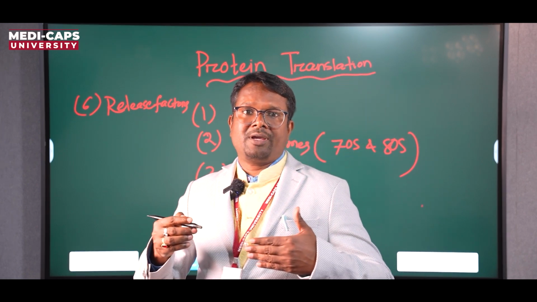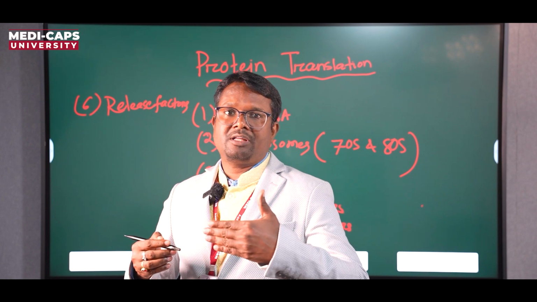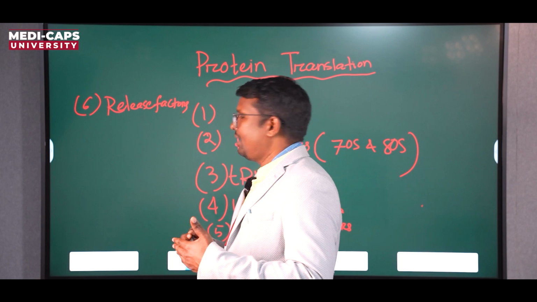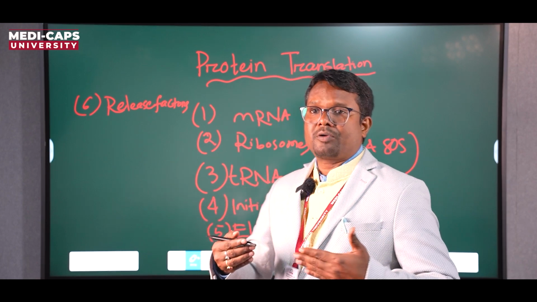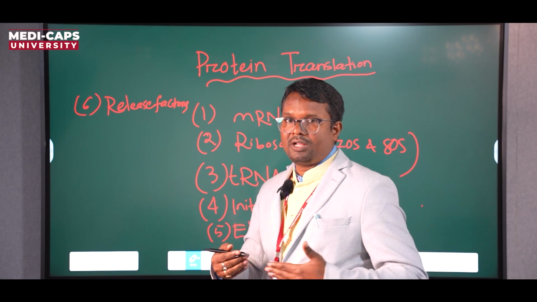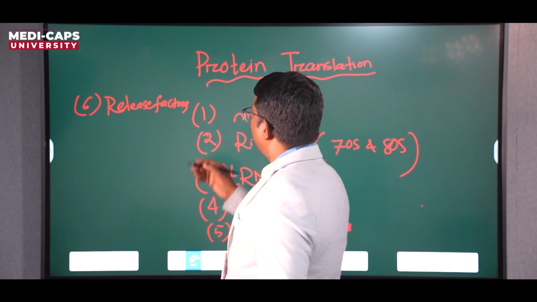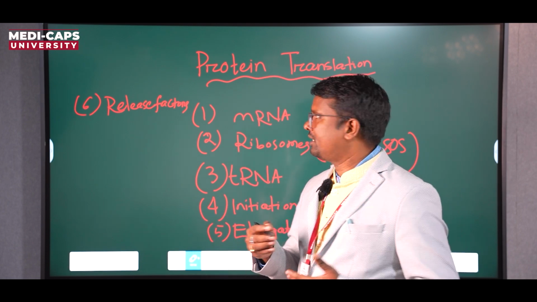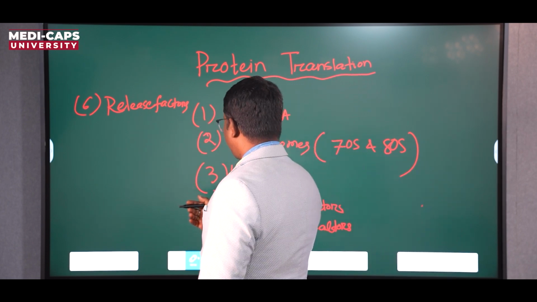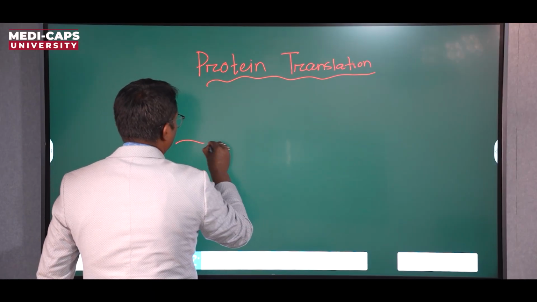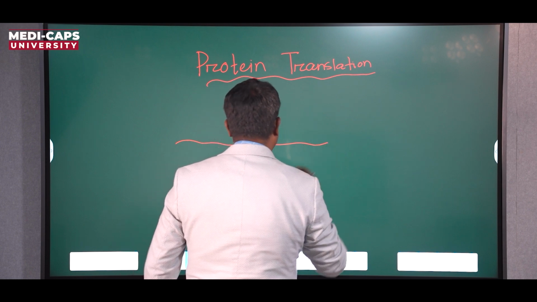Once initiation happens, during the protein translation there is an elongation of the protein chain, and once the protein translation event is concluded or terminated, the protein needs to be released from the ribosome and other components, so it needs the release factors. So let's draw how the protein translation event happens.